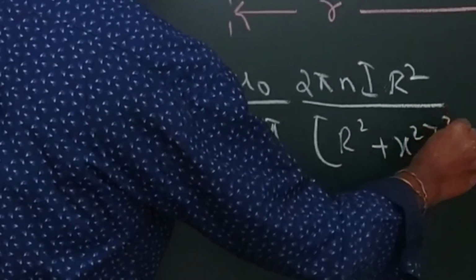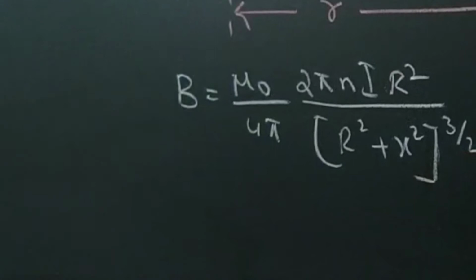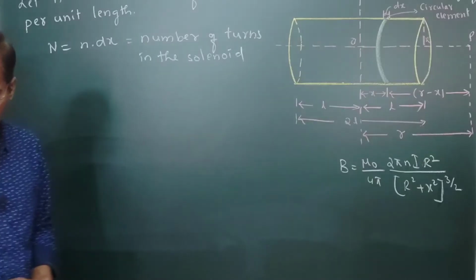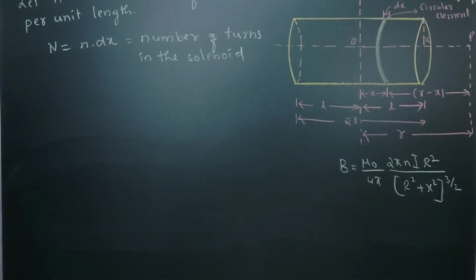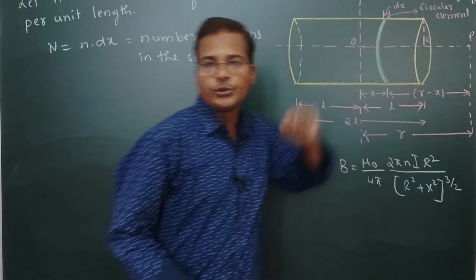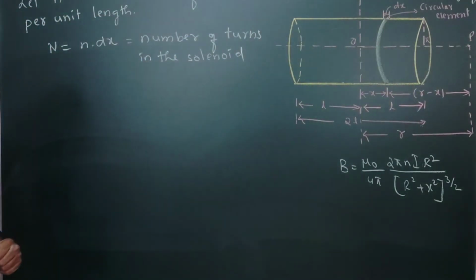Using this formula, we find the magnetic field intensity at the point P due to the circular element.